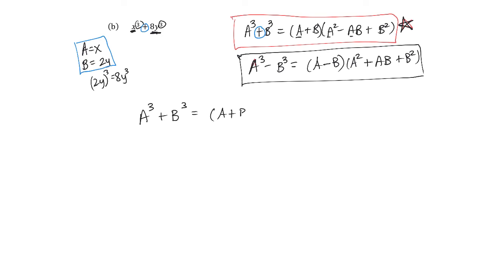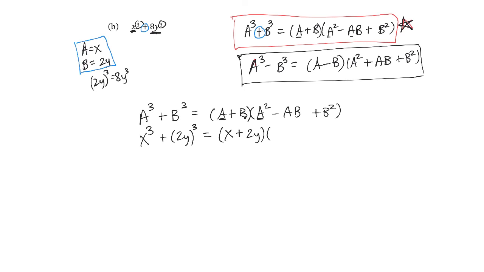A plus b, I'm just rewriting this so I can actually use it, ab, and then plus b squared. Okay, I've decided that a is x and b is 2y. So every time I see an a, I'm going to just replace it with x. And this b, I'm replacing with 2y.